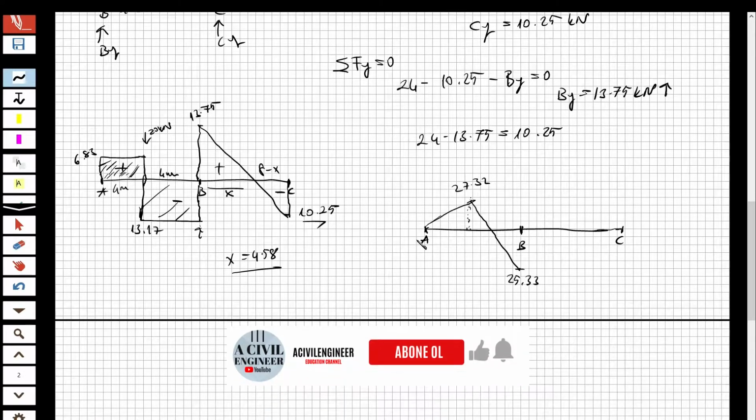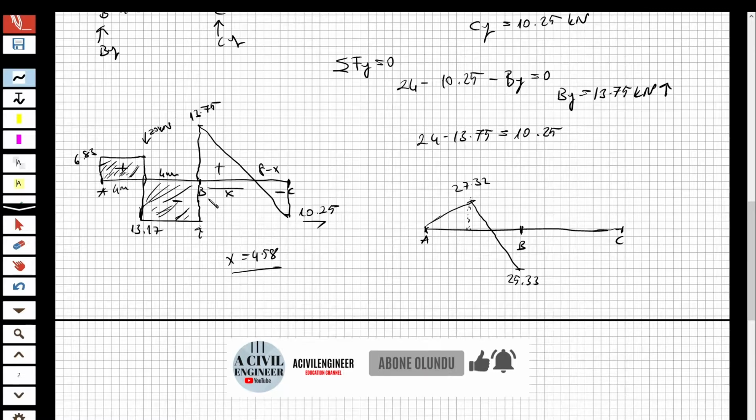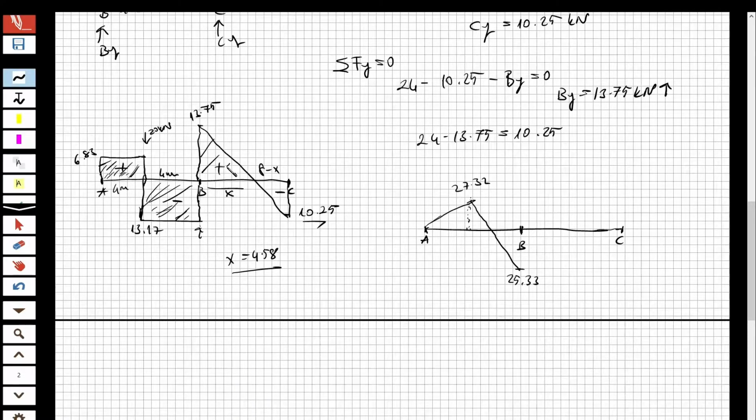For example, it's going to be something like this, and I'm going to reach the 25.33. Okay, when I decrease at this amount of area. So now again I'm going to increase at this amount of area. When I increase, I'm going to reach the point 6.30.